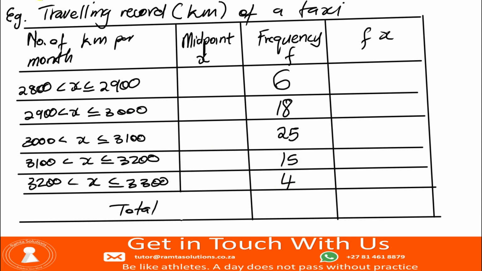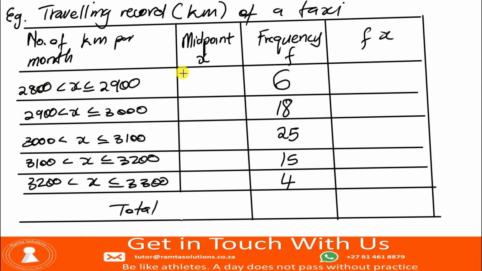All right. Now, let's look for the midpoint between these two. So when we say midpoint, we will be saying this point here plus this point here divided by 2. So what am I saying?